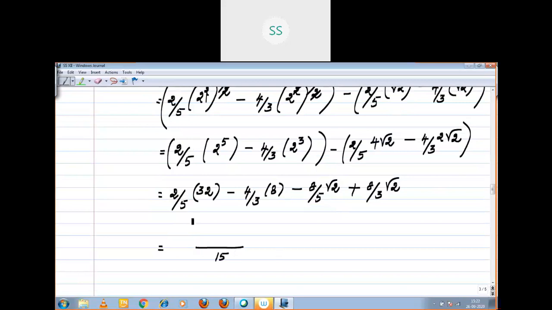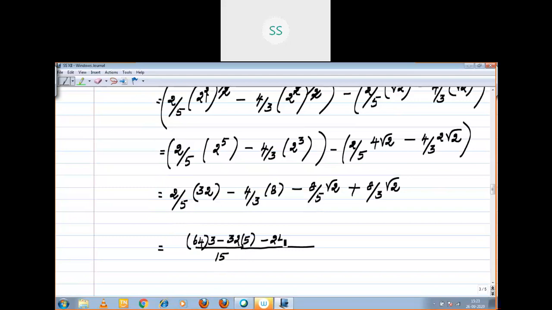How many times? 64 into 3. First you have to write 64 into 3 minus 32 into 5. Got it? Next, minus 3, 5 how many times in 15? 3 times.